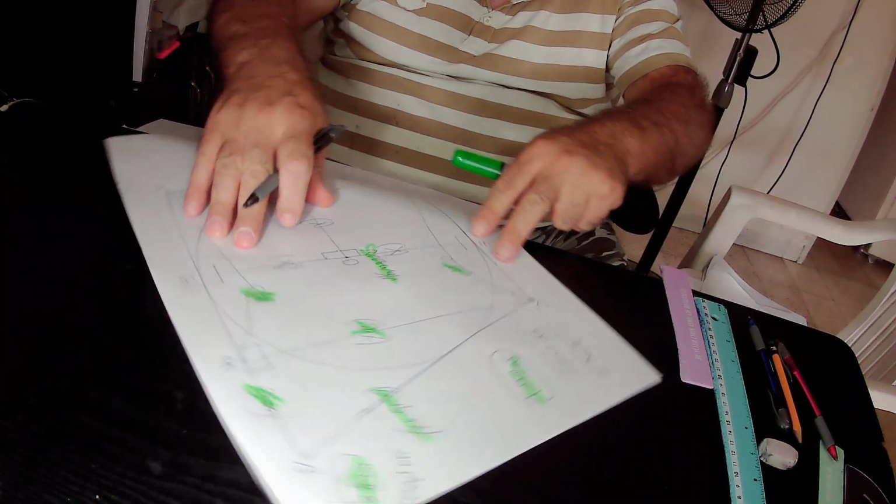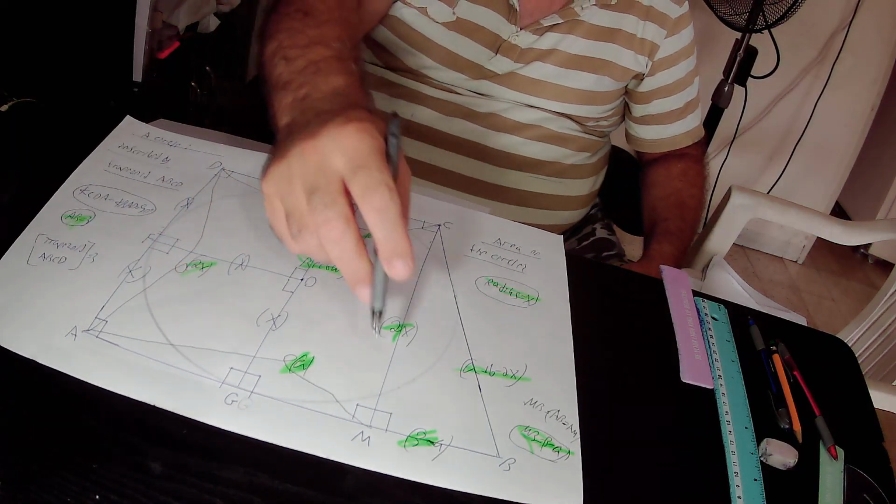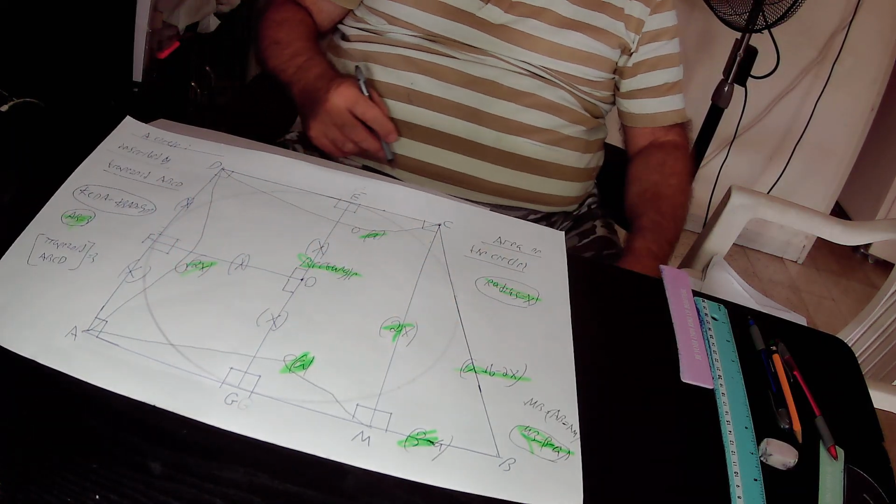In the next step, I'll copy the right triangle CMB onto a new page, and we will apply the Pythagoras theorem to this right triangle CMB.